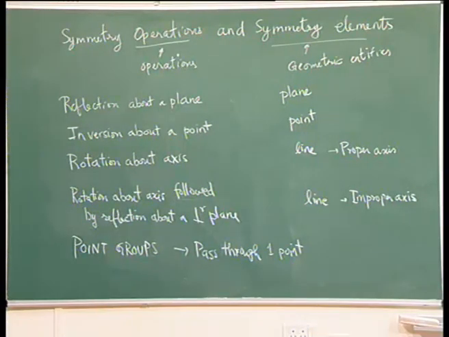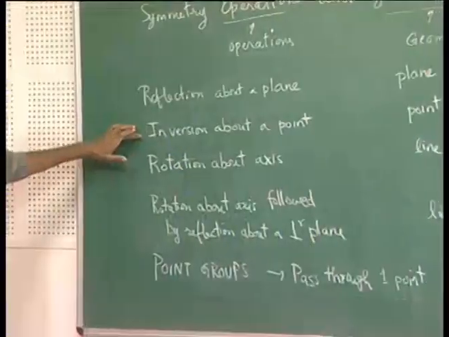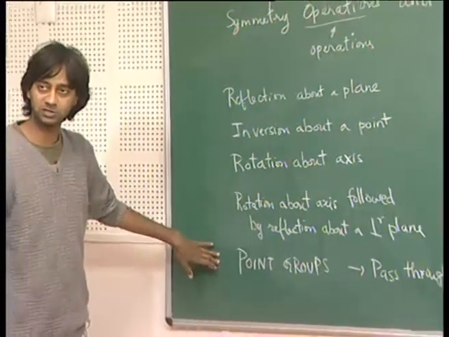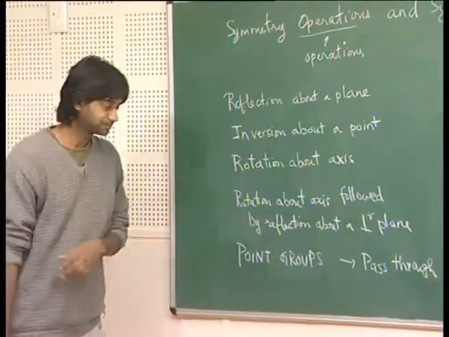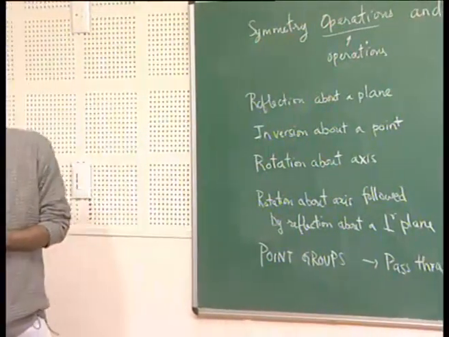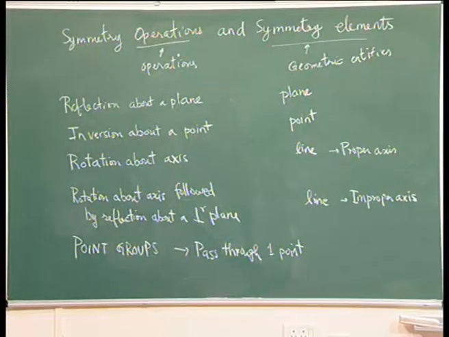You can show that the set of all symmetry operations for a molecule forms a group. So, let us look at the symmetry operations one by one, and we will do this taking various examples, so that things become clear. The first operation we will consider is reflection about a plane.